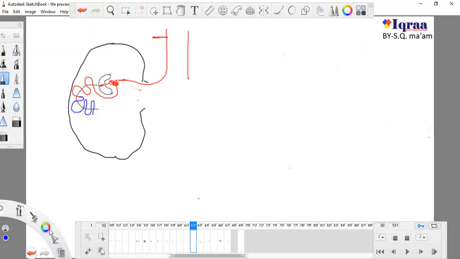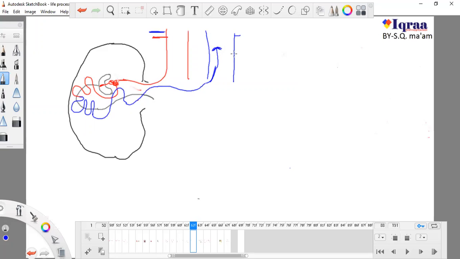Next, it will open into this part, the removed blood part, and these capillaries will go their original way and merge into another system. This is the artery part and this is the vein part. So it will again go to the heart.